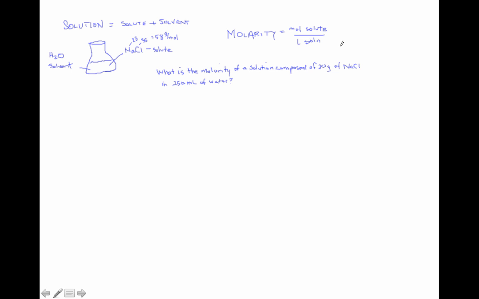Well, let's do what it says. It says moles of solute on the top. Well, let's get that. Okay, let me change pen colors.